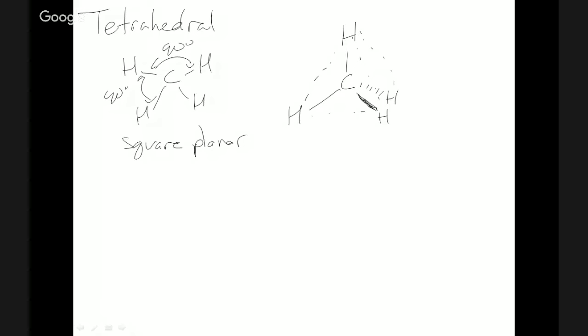Okay, so this is the preferred geometry. We use what's called a dash and a wedge. This is a wedge. It's coming out towards you. That's what that means. This line here is a dash. It means it's going back. We'll talk about this in class. We'll bring some model kits in.